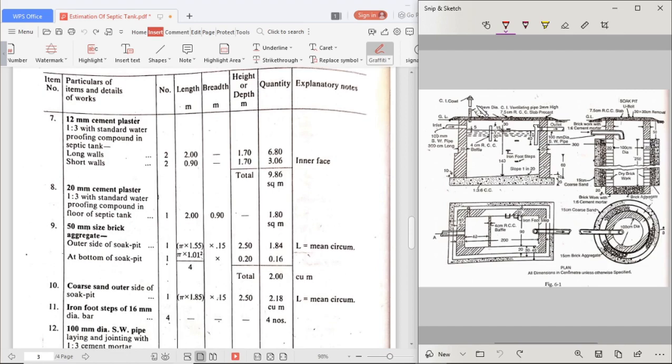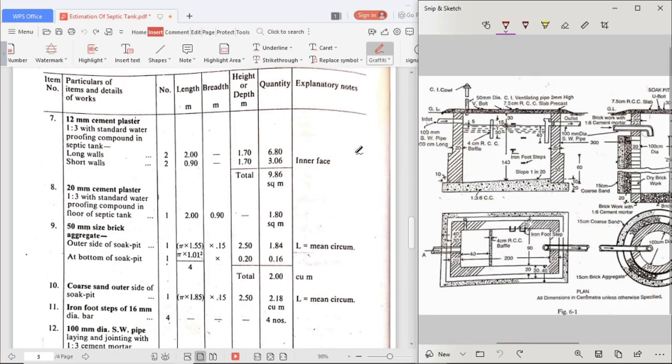So as per given by them, we have to do the 12 cement plaster, 1 is to 3 with the standard waterproofing compound. So cement plastering. As the walls have the same inner length, we will take both the walls, first step and second step, in once only.